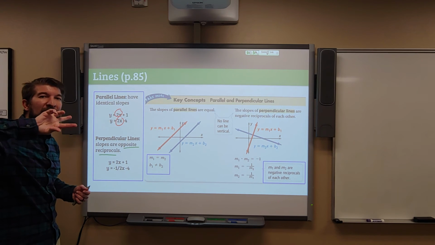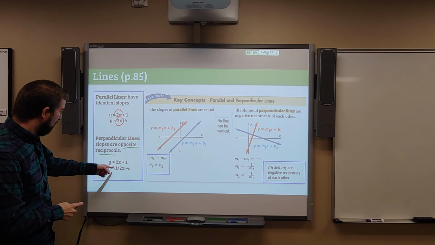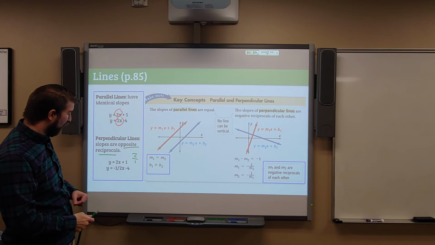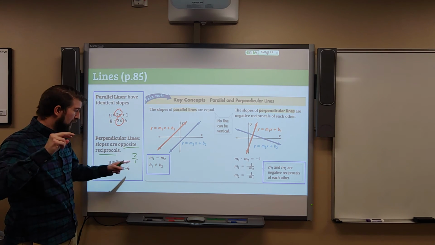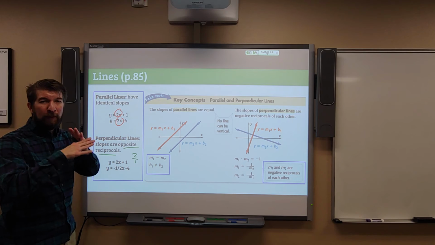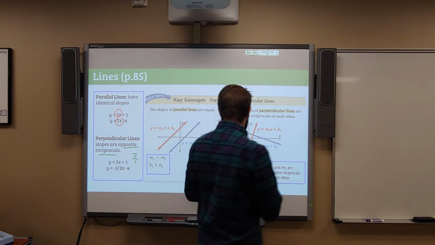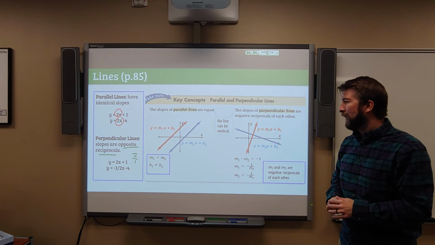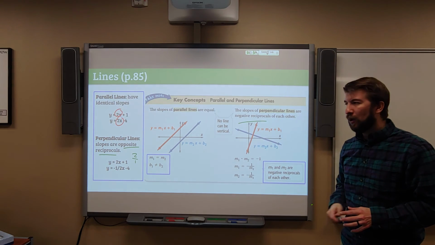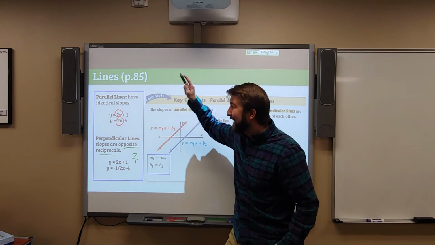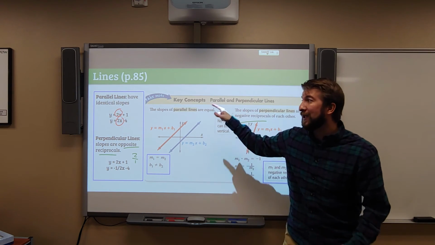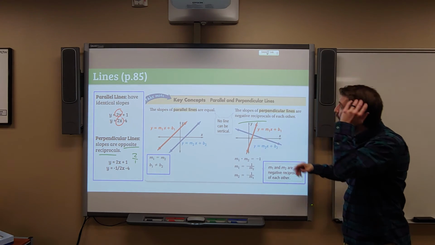A reciprocal just means you kind of flip the numbers, okay? So right here, this slope is 2, which could also be written as 2 over 1. So it's a positive 2 over 1. The opposite reciprocal of that would be a negative, and then flip the numbers, negative 1/2, which is what we have here. That's perpendicular. Perpendicular means they make a 90-degree angle. So right here, this would be perpendicular because it has the negative reciprocal of this slope. All right. So parallel lines have the same exact slope. Perpendicular lines have opposite reciprocals. Just keep that in mind. Remember, it's in a blue box, so you may want to write that down.